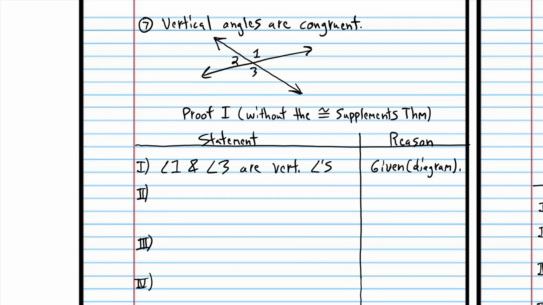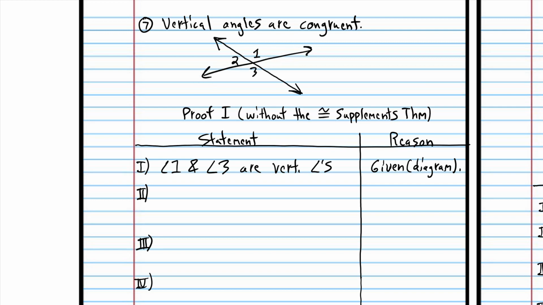Now, we can see that angle 1 and angle 2 are supplementary, we can see that they're a linear pair. Angle 1 and angle 2 are adjacent angles whose non-common sides, this side and this side, are opposite rays.